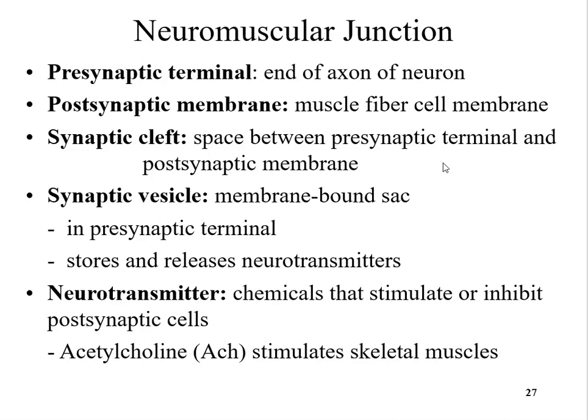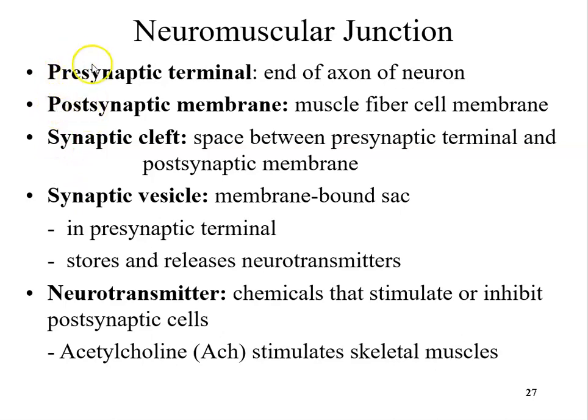It has a creased or folded cell membrane that increases the surface area, making more room for receptors that can receive a signal from the neuron. So it kind of looks like this. Just a lot of creases or folds to increase surface area. You'll see it referred to as the motor end plate.